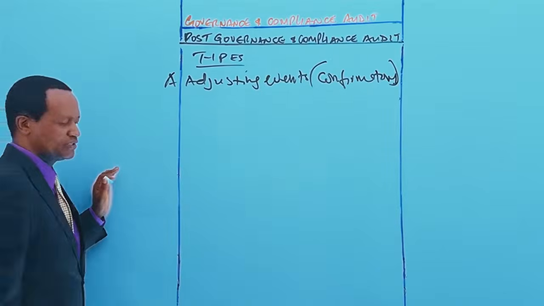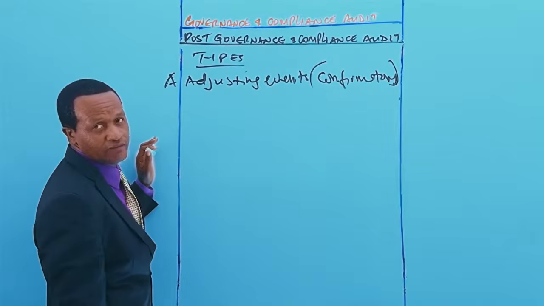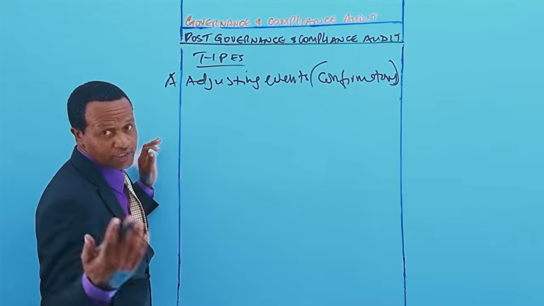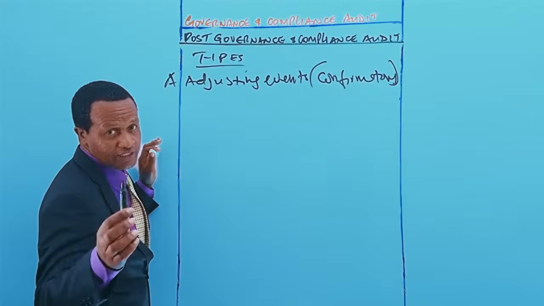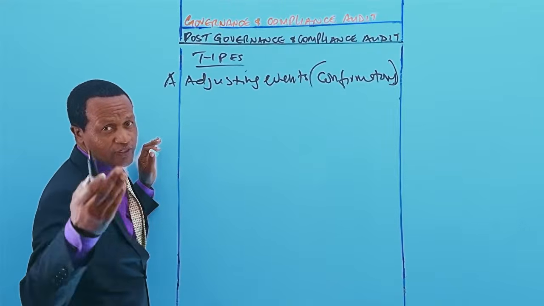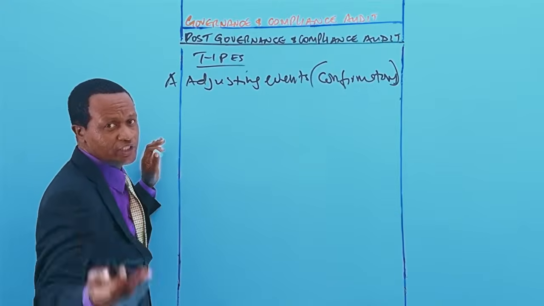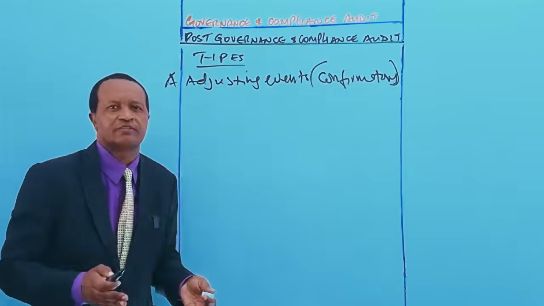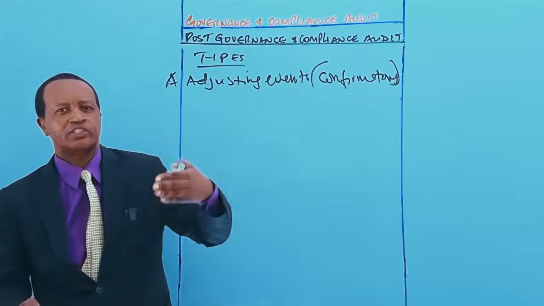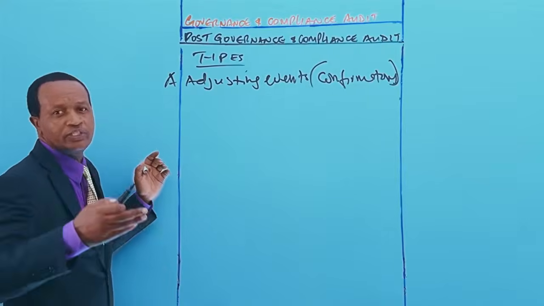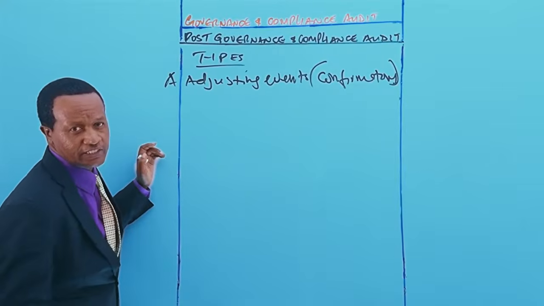These are events that happen after the end of the audit period and before or after the audit report is signed. We said in our last session that these events provide further evidence of conditions that existed during the audit period. And these events typically lead to a change in the audit score or even modification of the audit findings.